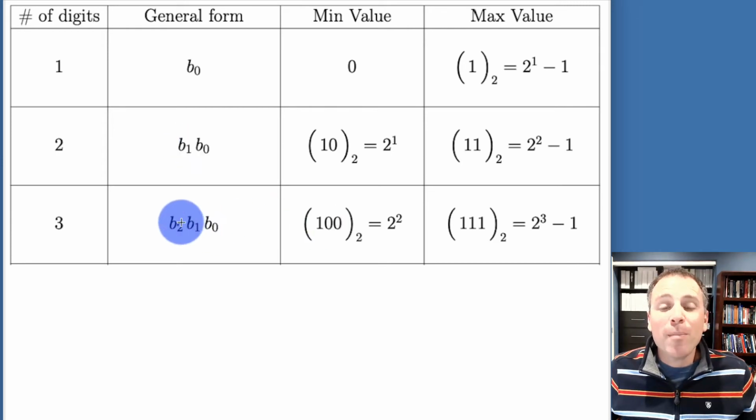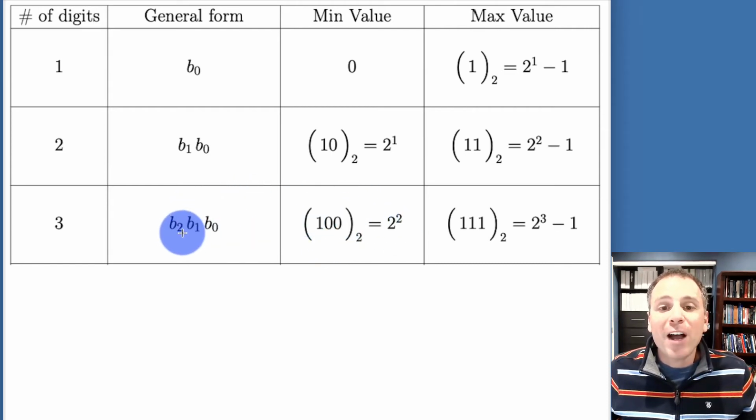But if we see this, remember that each binary bit is a placeholder. So B sub 2 gets multiplied by 2 squared. B1 gets multiplied by 2 to the first. B0 gets multiplied by 2 to the 0. If I have 1, 0, 0, that's 1 times 2 squared, 0 times 2 to the first, 0 times 2 to the 0. In other words, that's the number 2 squared. So the minimum value that we need 3 bits to encode is 2 squared.